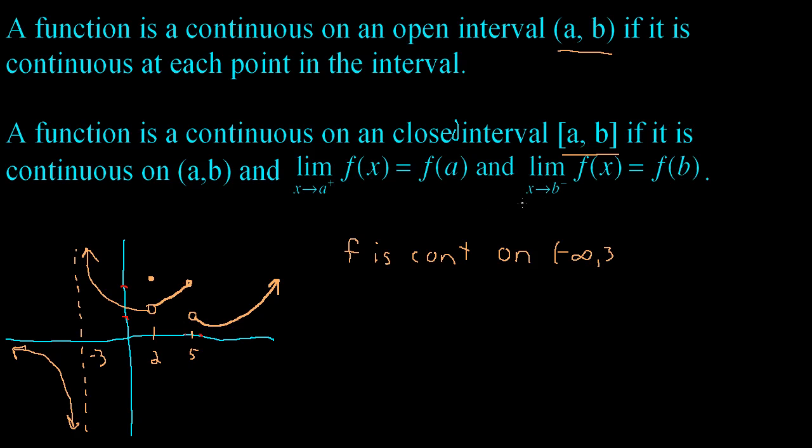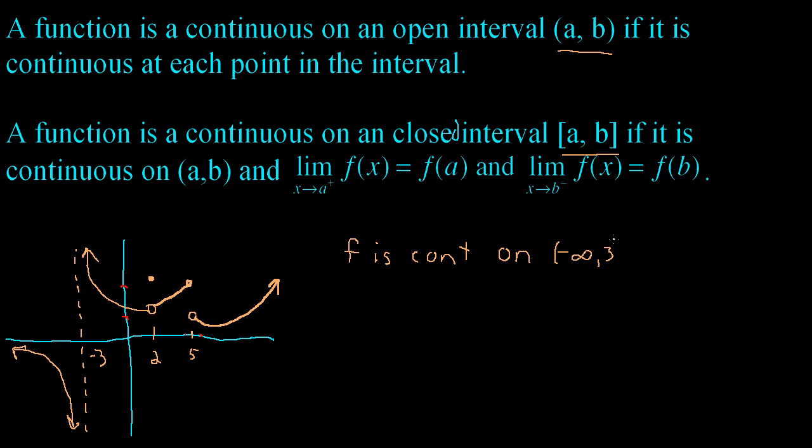You may have to go back to what it means to be continuous at the endpoint of an interval. But you can see here that if the limit as x approaches b from the left, b's right here, equals f of b, then we can close this bracket off. We know that the endpoint will be included in our discussion of continuity. The only problem there is that -3 is not in the domain.